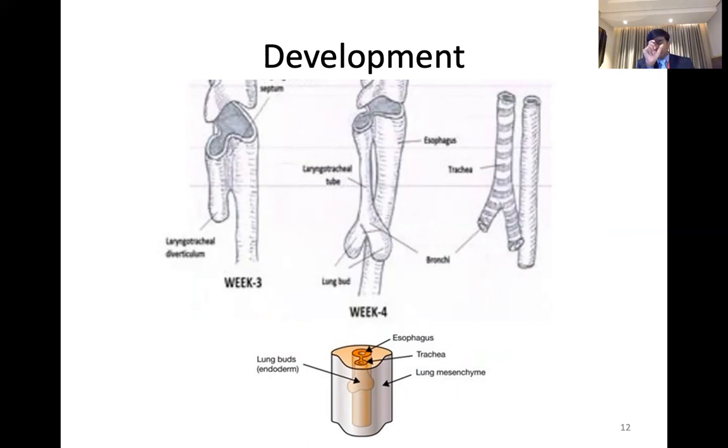By the 8th week, when the size of the embryo is approximately 28 to 30 millimeters, the mesenchymal rudiments of the 16 to 20 tracheal cartilages are seen in the following 2 weeks. The masses from the cartilages form beginning cranially and extending caudally.